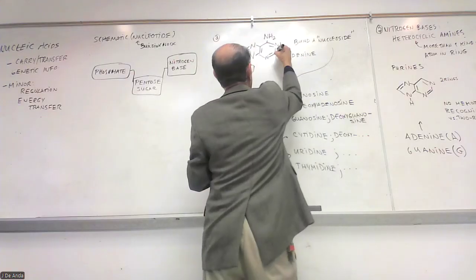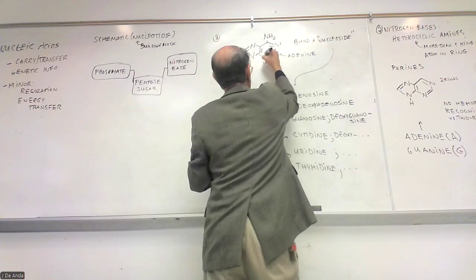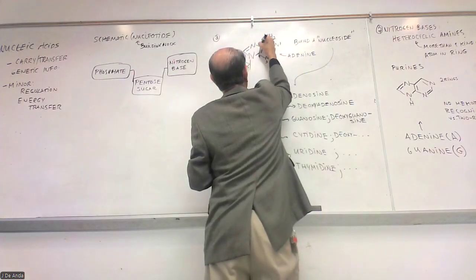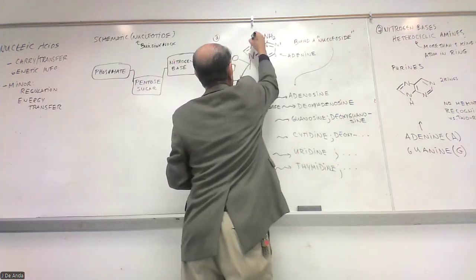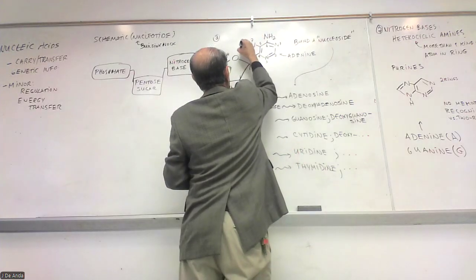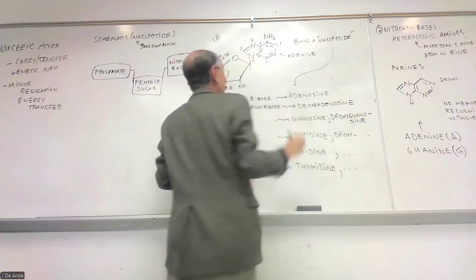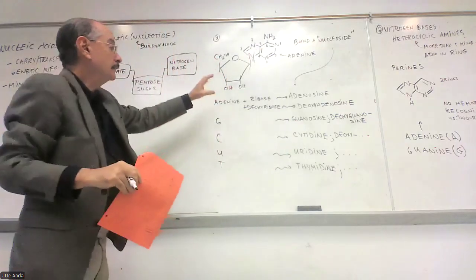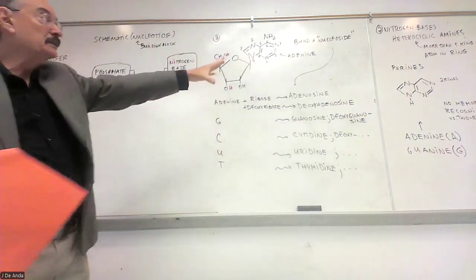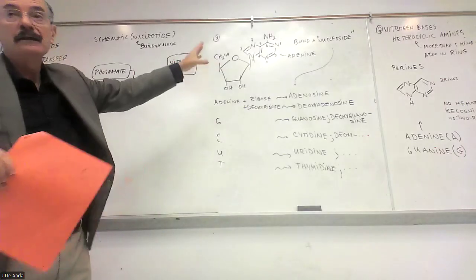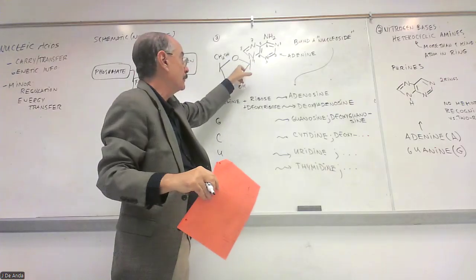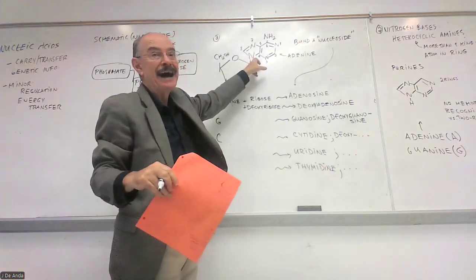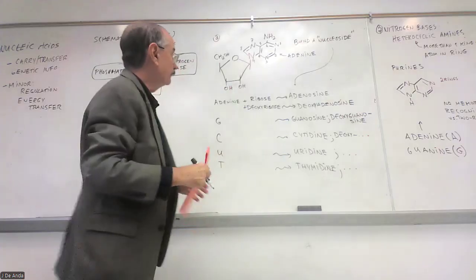So going this way, this would be number 2, 3, 4, 5, 6. And then this would be position 7, 8, 9. So we would say that in the adenosine nucleoside, the N-glycosidic bond is from carbon 1 of the ribose to nitrogen 9, position 9 on this ring.